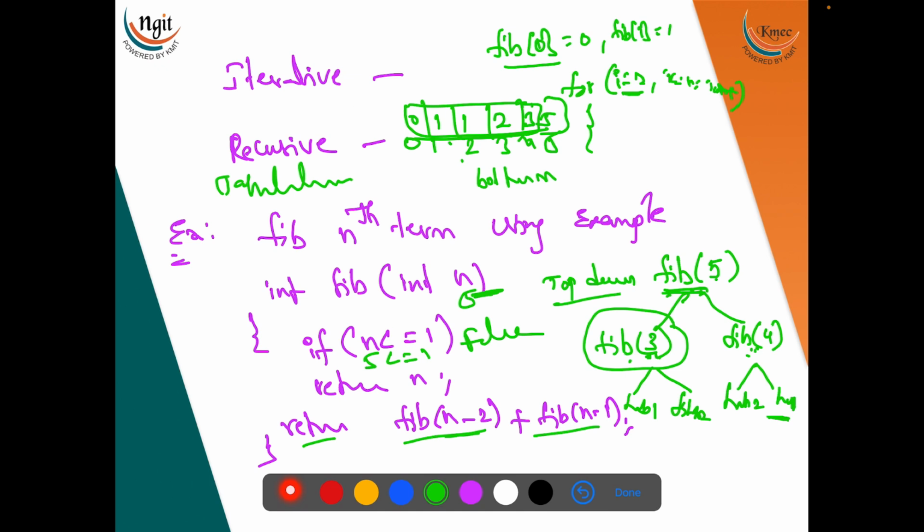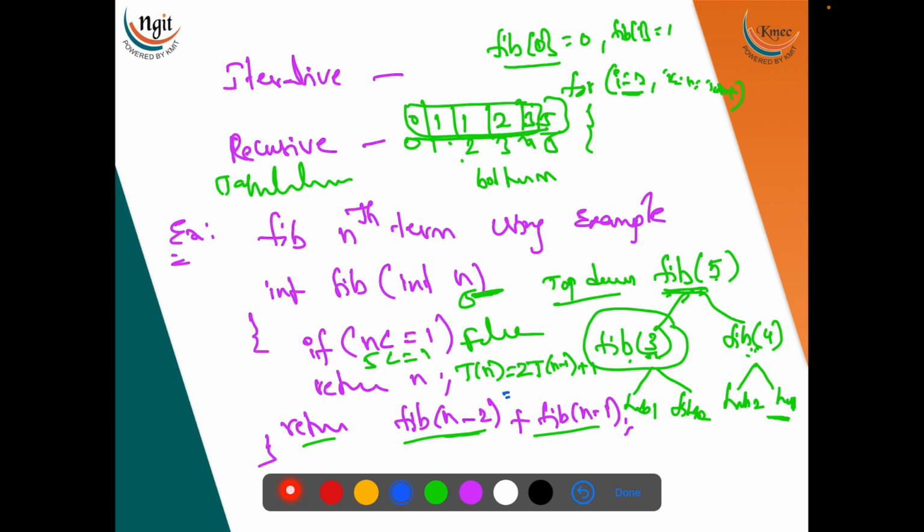So when you are doing the same job recursively again and again, the time complexity obviously will be more. You can watch recurrence relation videos so that you can understand what I am teaching here. If you see the time complexity of this, T of n is equal to 2T of n minus 1 plus 1.